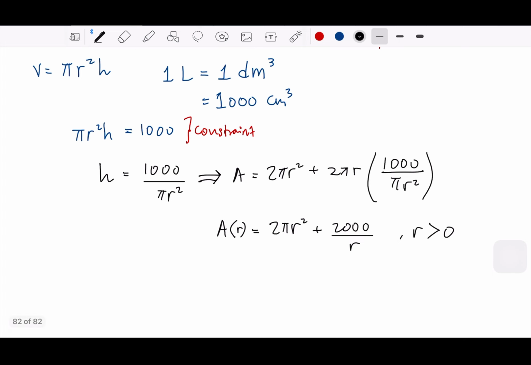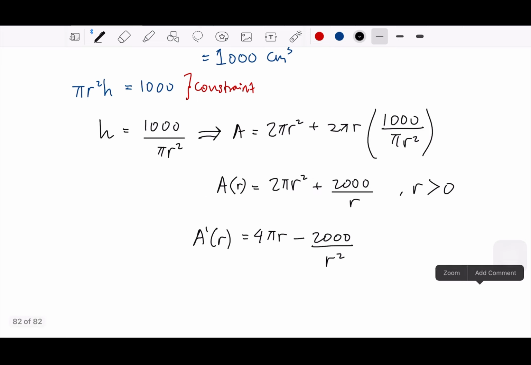Then we can differentiate with respect to r. So 4 pi r, and 1 over r becomes negative 2000 divided by r squared. Then we can set this equal to 0.